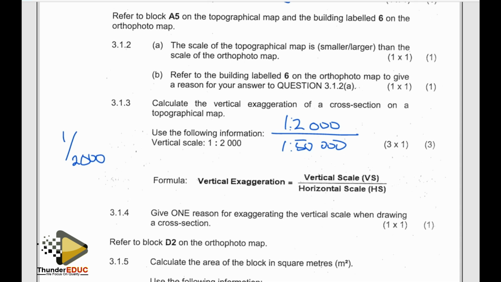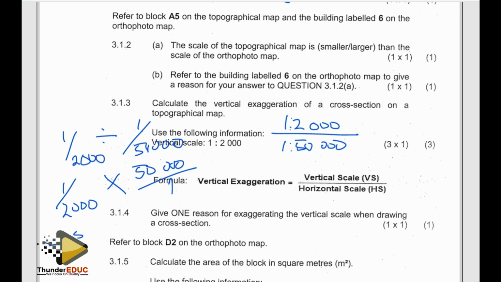That is the same as saying 1/2000 as a representative fraction divided by 1/50,000. We introduce the multiplication sign here. This one remains 1/2000 times, now we invert this to 50,000 over 1, which is the same as 50,000 over 2,000. We cancel out the zeros, remain with 50 over 2, which is equal to 25.